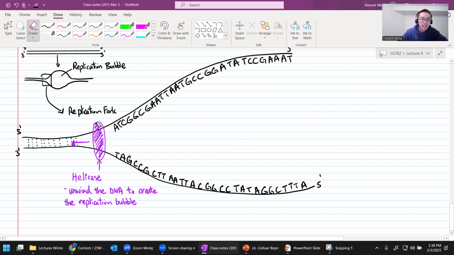Now, as you are unzipping the DNA, okay, this part here, I'm just going to continue to draw a little bit more. Remember, the DNA is actually a double helix. Okay, so there are a lot of twists and turns. And what happens is by unzipping the DNA, you actually build up tension in the rest of the double helix.